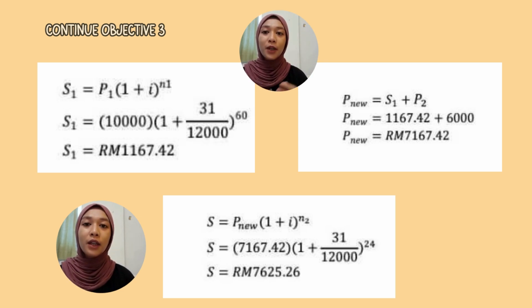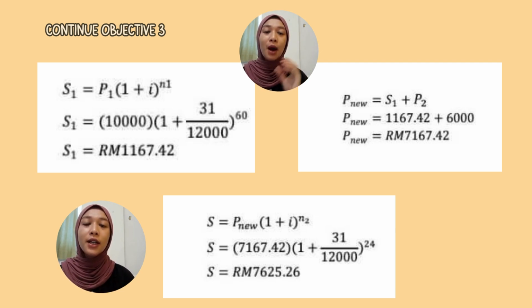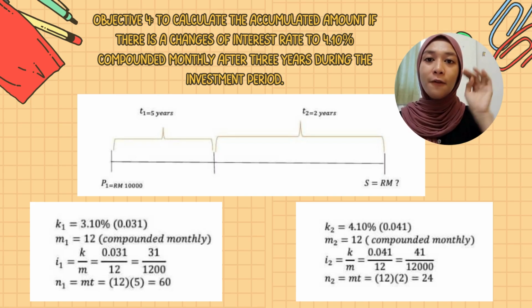So we get P new equal to RM 17,674.25. We need to find S, where S equals P new (1 + I) to the power of N2.